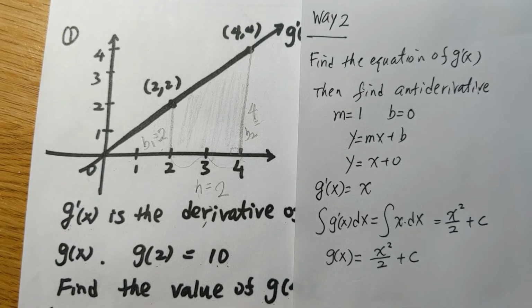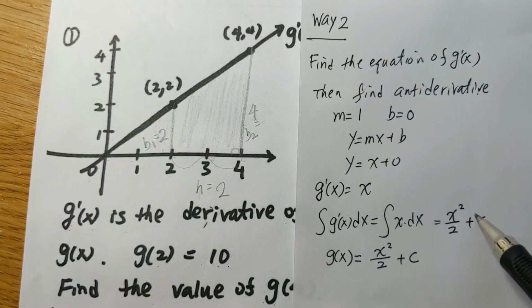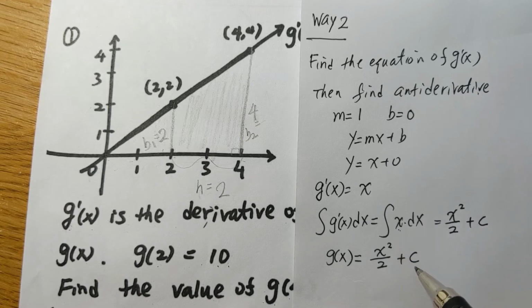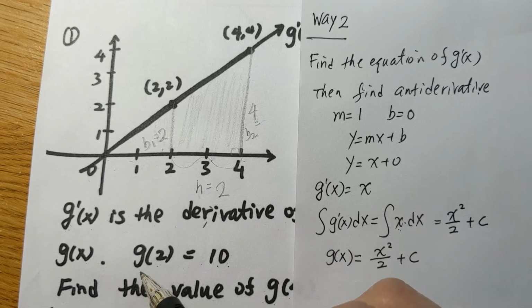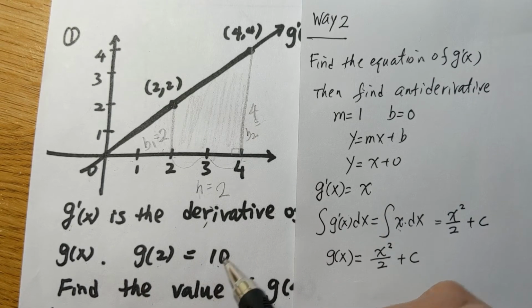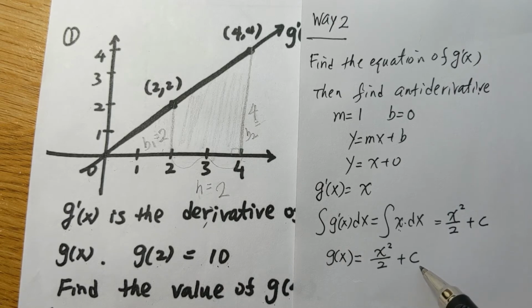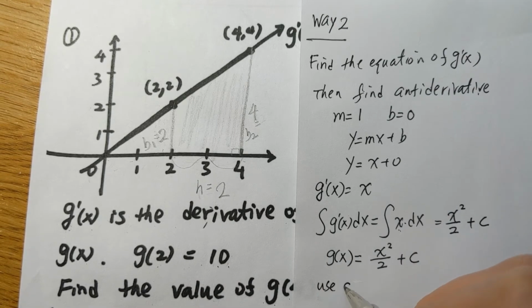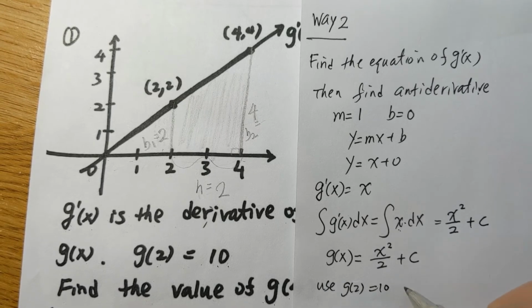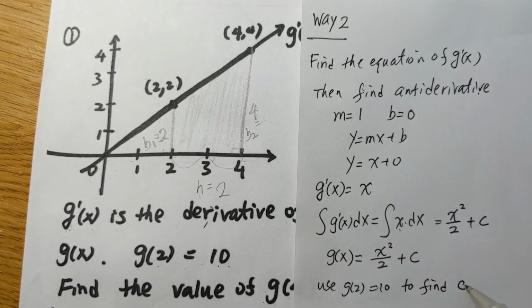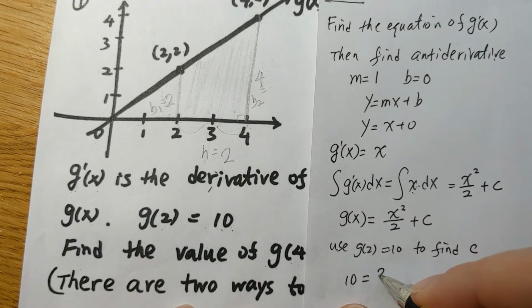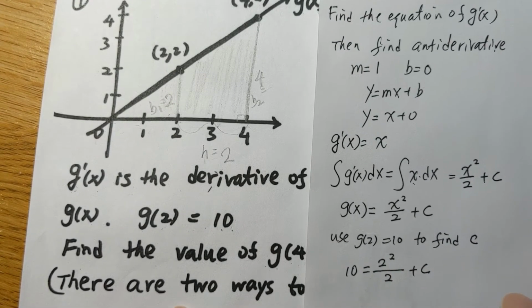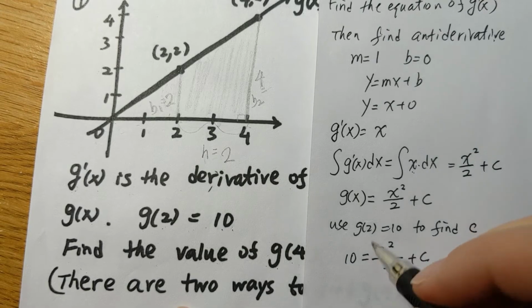But we still don't know what c equals. This entire family has the derivative of x, so c could be any number. But since we know g of 2 equals 10, we're able to use the initial condition to find c. So 2 comma 10, so we get 10 equals 2 squared over 2 plus c. 2 squared is 4, and then we divide by 2.